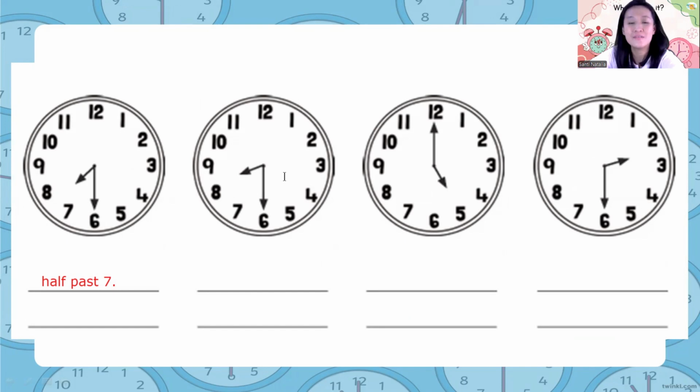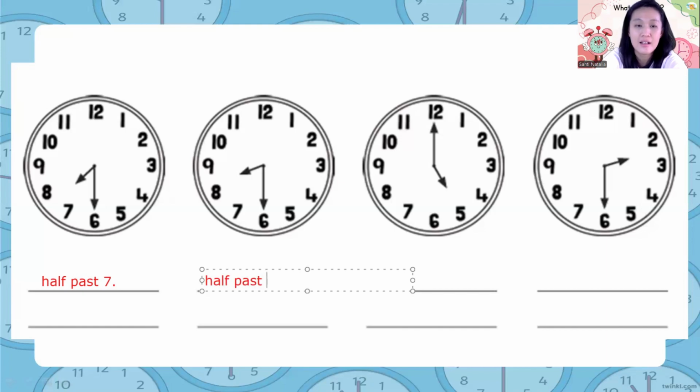Okay, next, children. What time is it? The long hand is pointing 6. Half. The short hand is between 8 and 9. So it's 8:30. Yes, 8:30.